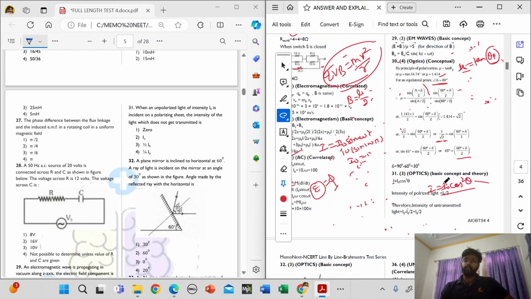When it is incident on the polarizer, the intensity of polarized light is I naught upon 2. So the remaining part is I naught minus I naught upon 2, that is equal to I naught upon 2. So half remains unpolarized, this I naught upon 2. Option number 3.